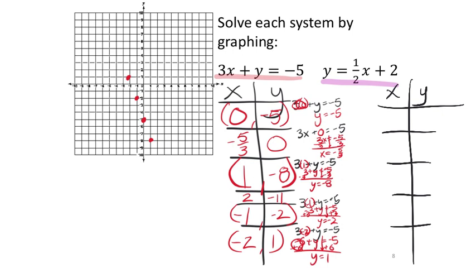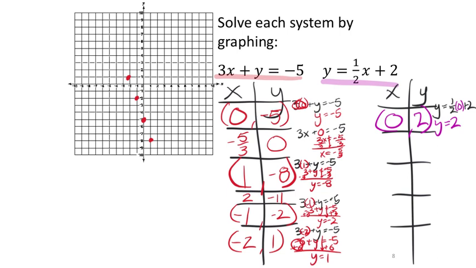Okay, but as usual, I am going to start with an x value that is 0. So that would be y equals 1/2 x plus 2. But now we've just chosen to replace the x with 0. So that'd really just be 0 plus 2. That's a y value that's 2. So 0, 2. That's a good enough ordered pair.